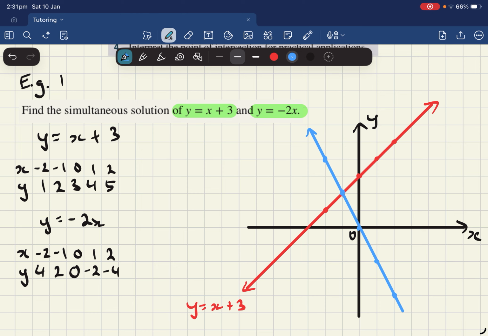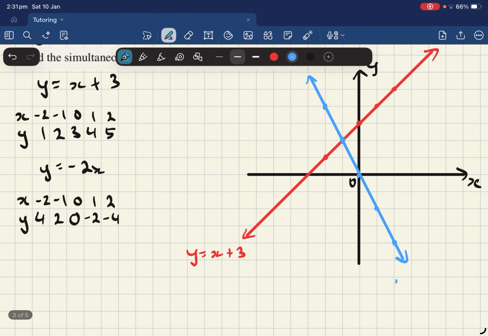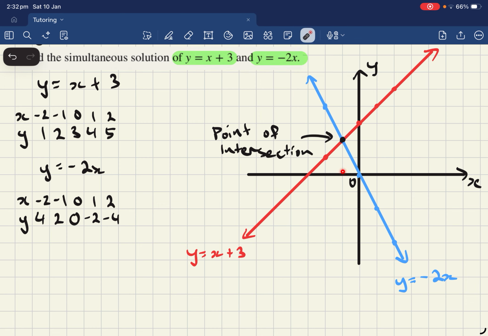All right, once again, we'll label our line. So this is the line of y equals negative 2x. And we can clearly see our point of intersection is right here. So that's our point of intersection. Now its coordinates are negative 1 in the x and 2 in the y.